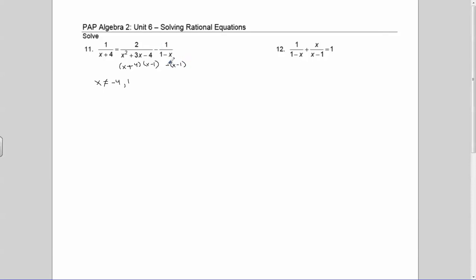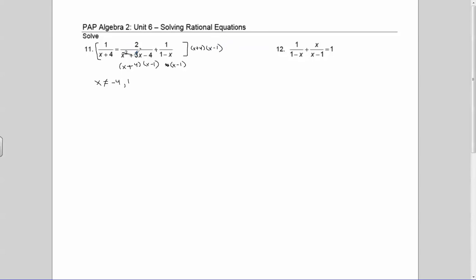And then this negative in front of the fraction and this negative actually change to a plus. So we can scratch out this, change this one to a plus. You can see that this will make solving the equation much easier. Our least common denominator is now x plus 4 times x minus 1.